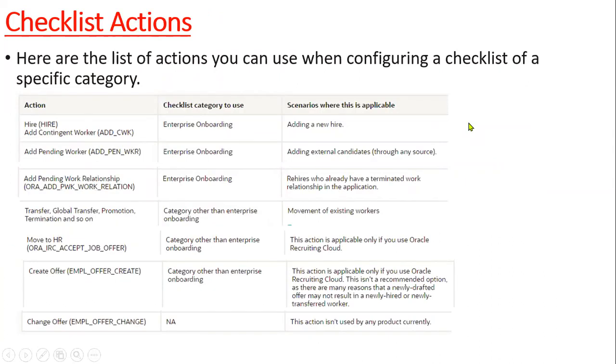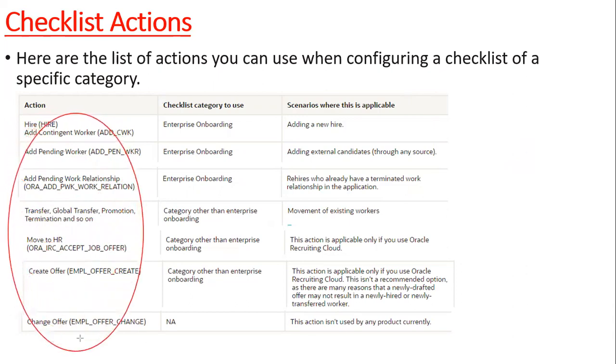So what are the different actions? So far we have been talking about the checklist being automatically populated whenever some action is performed, right? So what are the different actions we have whenever we are working with the checklist? Hiring, pending worker, pending work relationship. When you try to do the transfer, global transfer, create offer letter.